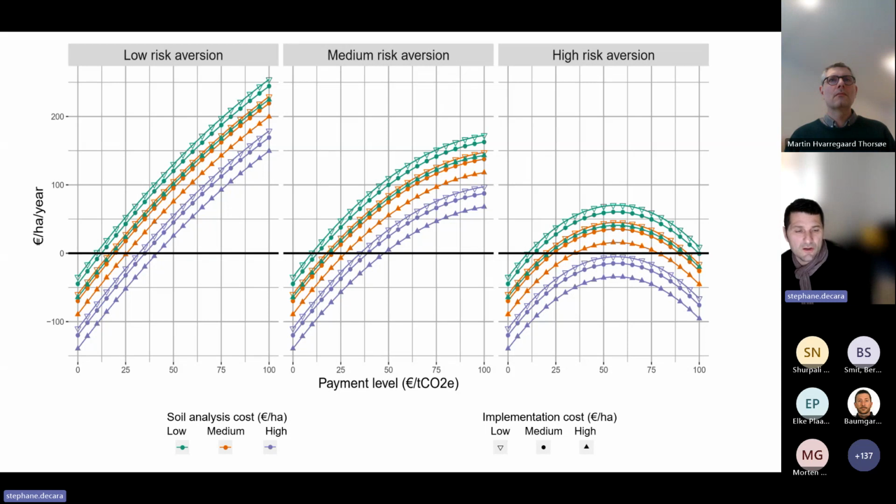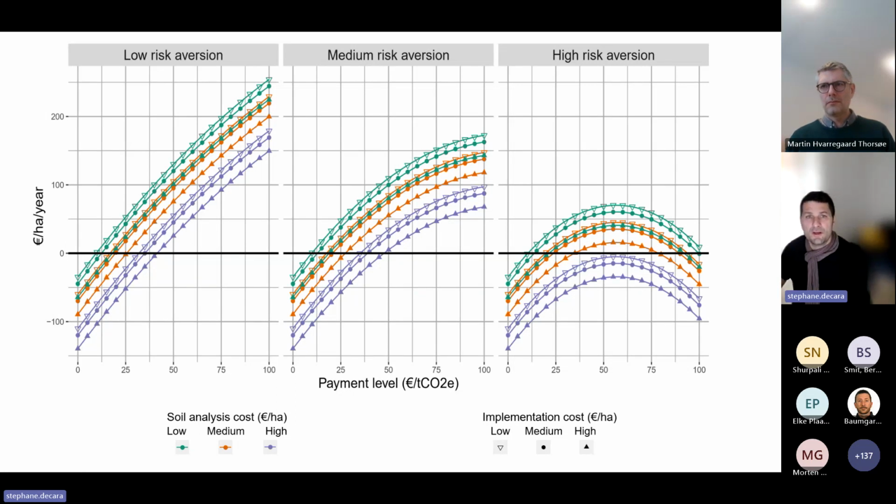So you see that depending on the costs and depending on the risk aversion, if the payment is too low, farmers are better off not joining the scheme. The intuition is simple, but it takes a certain amount of payment for the farmers to go above the zero line and then have an incentive to join the scheme.